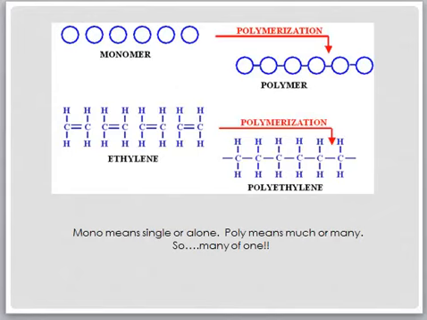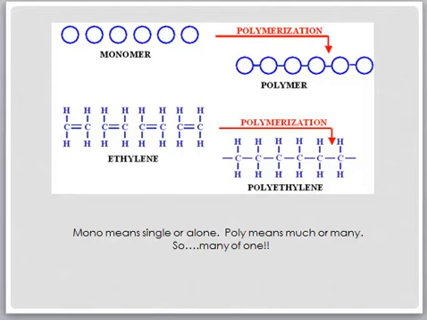A polymer is a covalently bonded molecule consisting of repeating chemical units. So these units can form very long chains. Each of the repeating units is called a monomer. So the chemical formula of the monomer is simply repeated many times over in the polymer.